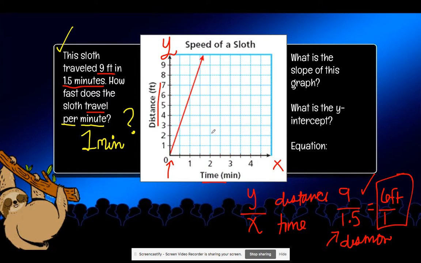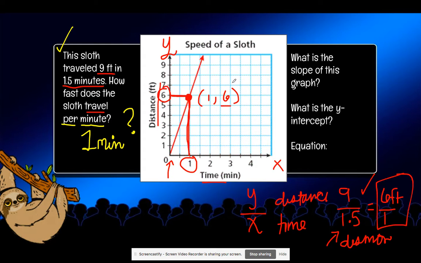But hey, cool thing about this graph is that when the time is 1 minute, I can travel up to the line from the 1 minute mark, and I could then see that at this point, when x is 1, y is 6. So therefore, the distance is 6. See? So the unit rate can be properly found in this graph by doing it this way.